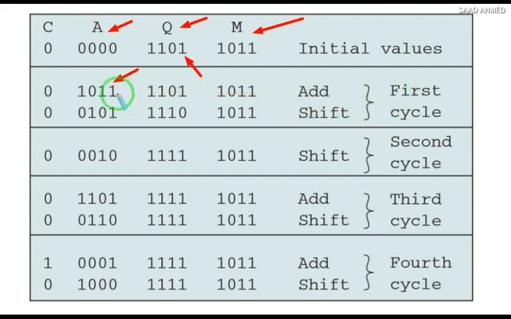After the addition, the next step is to shift right. For shifting right, you shift A and Q, and you can see here this 1 which was coming from up there has come straight away, and this one is shifted out.